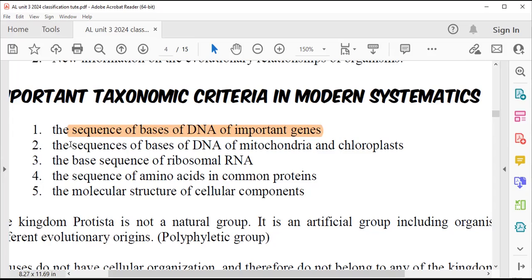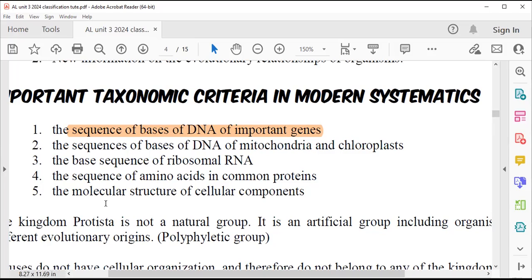To determine the entire sequence of one person, I think at the moment in Sri Lankan money, we have to spend around 6 lakhs. We can do that now.